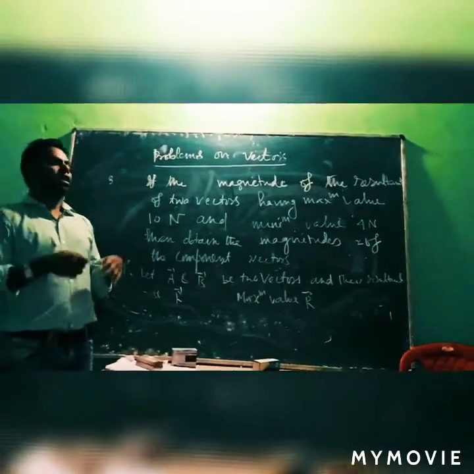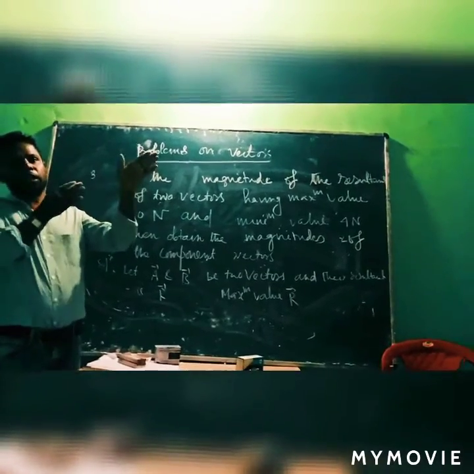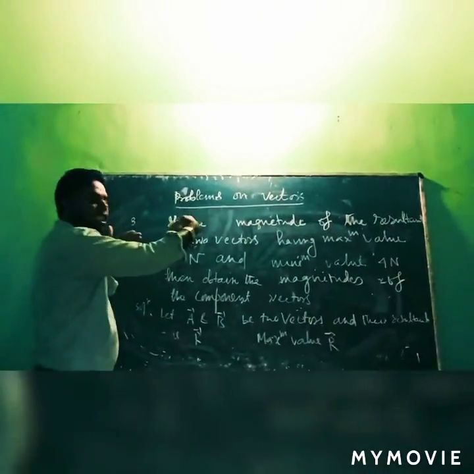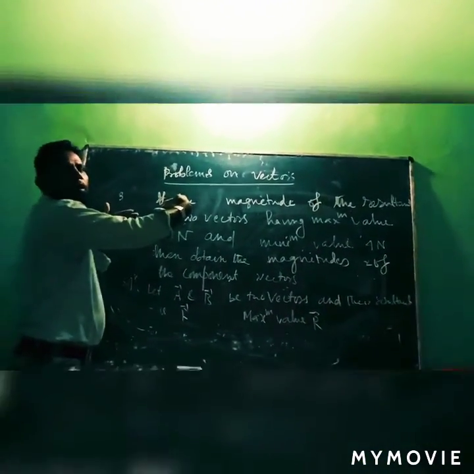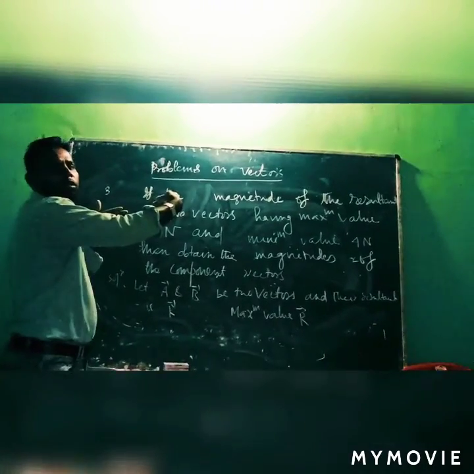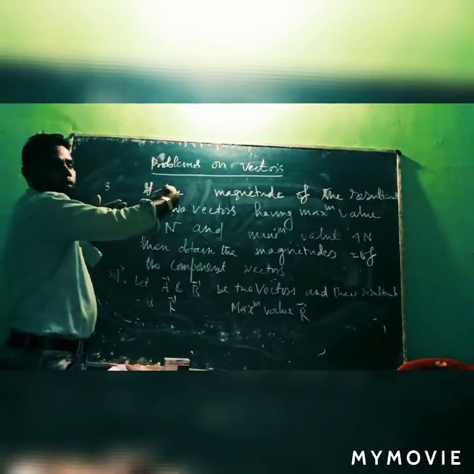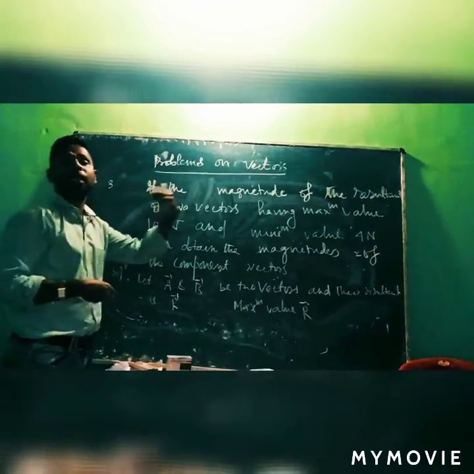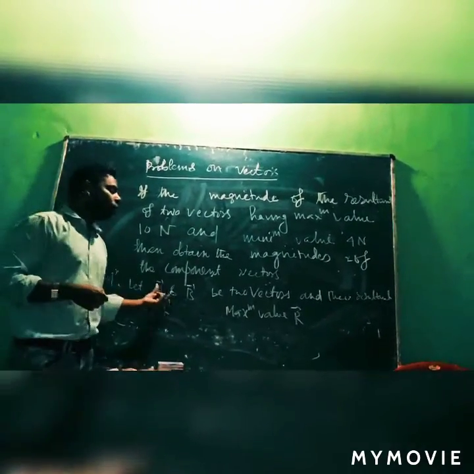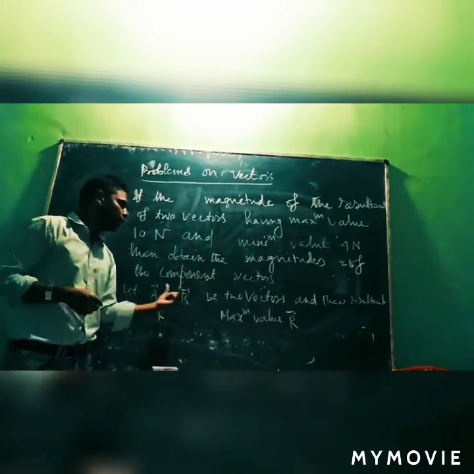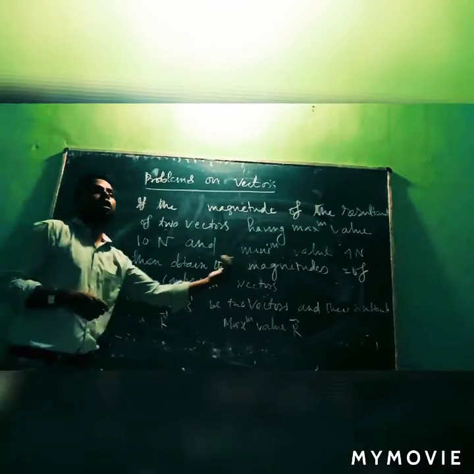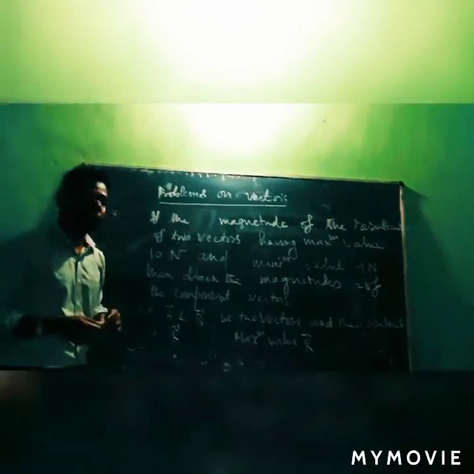For example, 7 Newton and 6 Newton force acting in the same direction will be 13 Newton, the maximum value. When you act 7 Newton and 6 Newton in opposite direction, that will be subtraction of the smaller from the bigger one, 7 minus 6 Newton. So when two vectors act in the same direction, that gives the maximum resultant value, and when two vectors act in opposite direction, that gives the minimum resultant value.